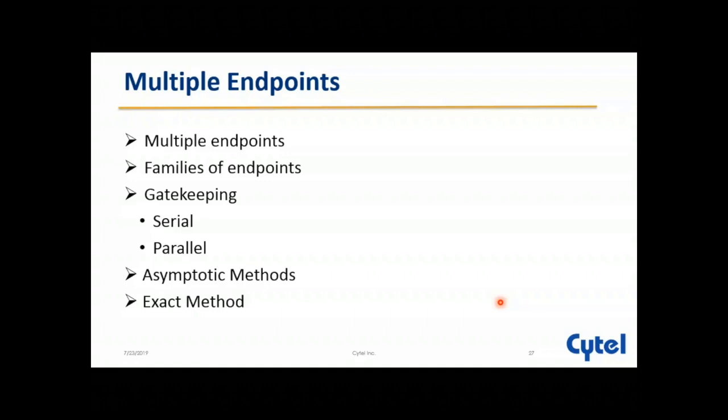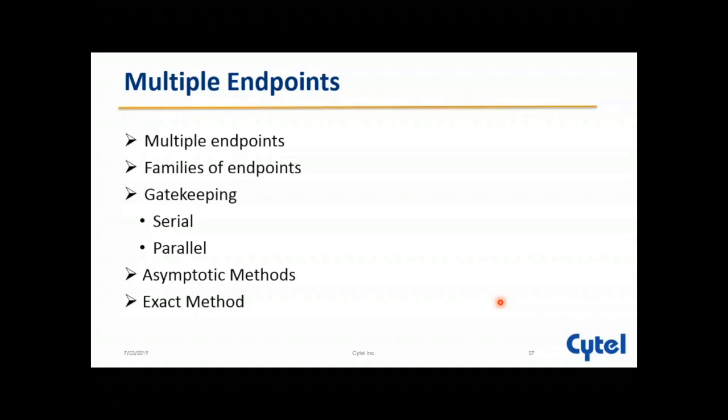When there are families of endpoints and we want to analyze the data, one has to look at the family-wise error rate. So the type 1 error that is available will be used by the whole family, that is, all the endpoints. So gatekeeping is required. That is, the primary endpoint will first use the type 1 error, and the remaining type 1 error will go to the secondary endpoints and so on.